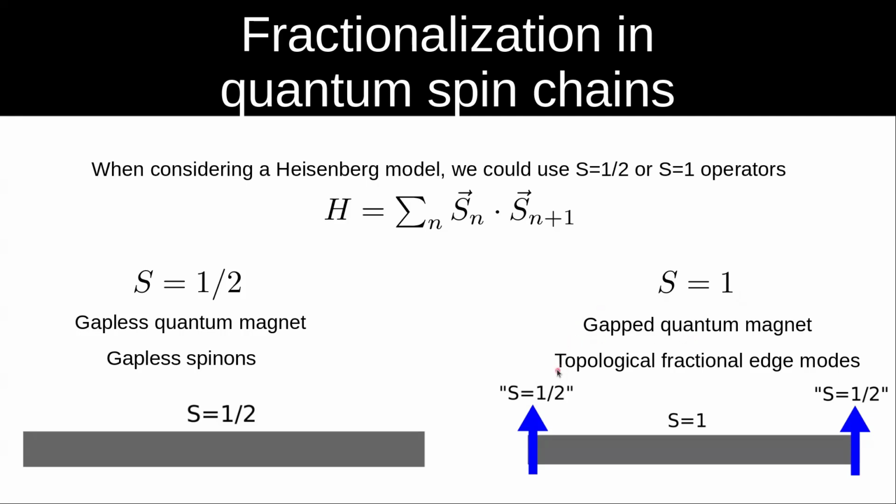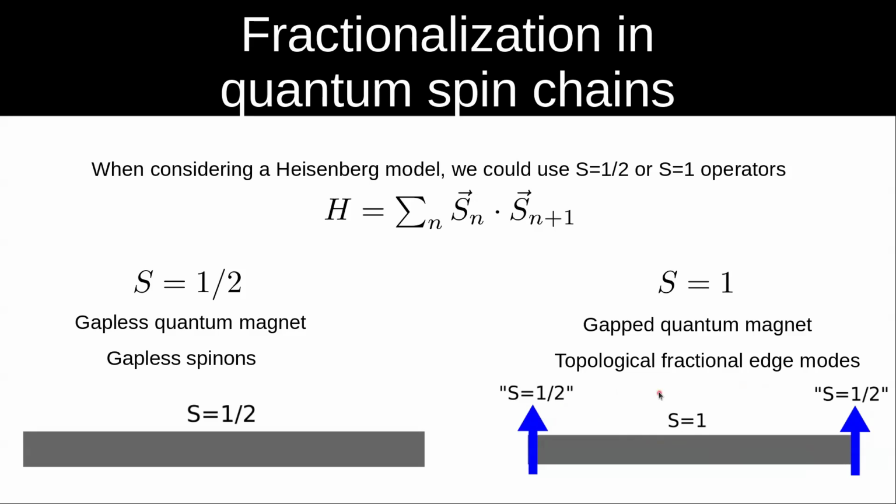But when you look at a system with open boundary conditions, what you actually observe is that topological fractional edge modes appear. So you have a chain that is only made of spin 1 systems, a spin 1 Heisenberg model. You couple the spins, you compute the ground state, and the ground state actually behaves as if there were two emergent spin 1/2 at the edges, one at the left edge and another one at the right edge.